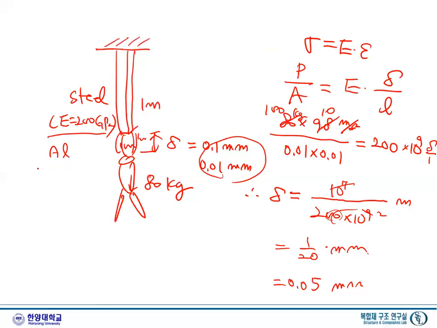Aluminum, well, you can say E is about 70 gigapascal. Aluminum is about 1/3 of the steel, okay? E for plastic is 1 gigapascal up to 3 gigapascal. This is very small.